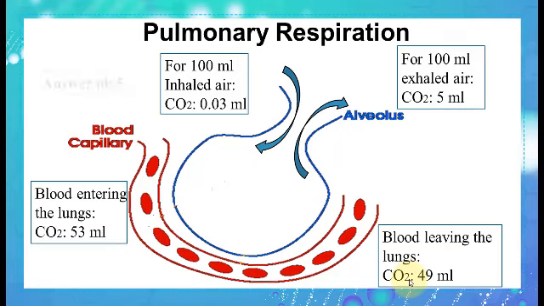Now, answer number 5. Compare the quantity of carbon dioxide gas in the inhaled air to that of the exhaled air. Then, answer number 6. Compare the quantity of carbon dioxide gas in the blood entering the lungs to that of the blood leaving the lungs.